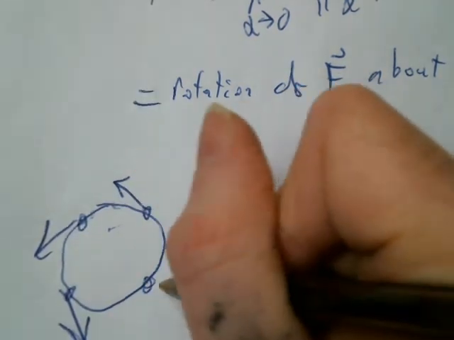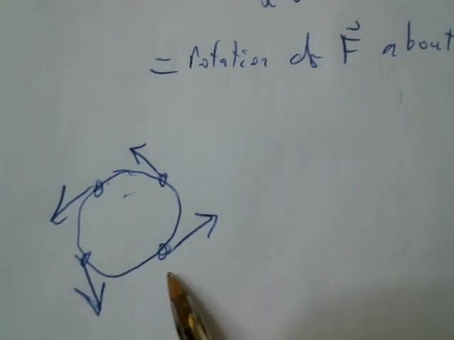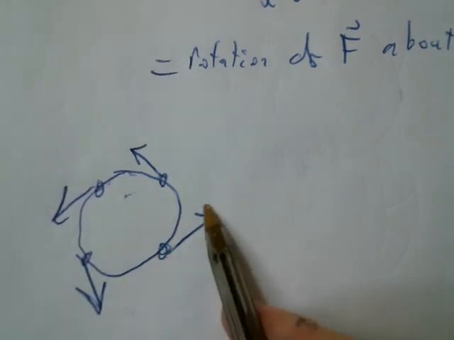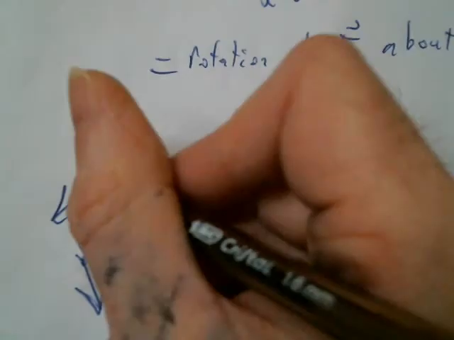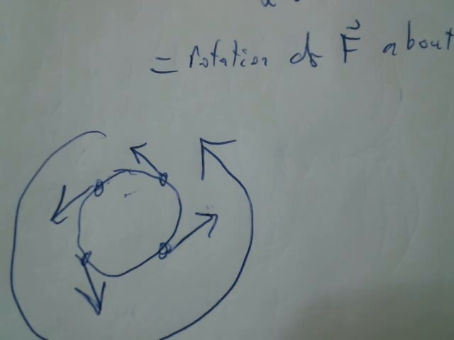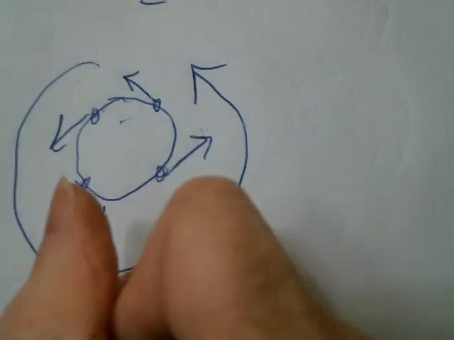So if you imagine a force field pushing right here, right here, and right here, the overall effect on the disk is going to be this rotation. Okay, so let's look at one more problem.